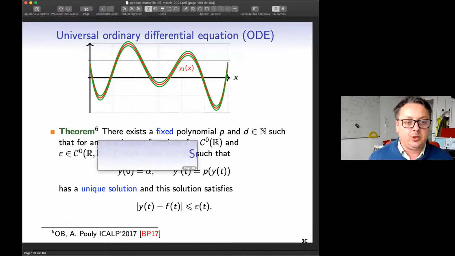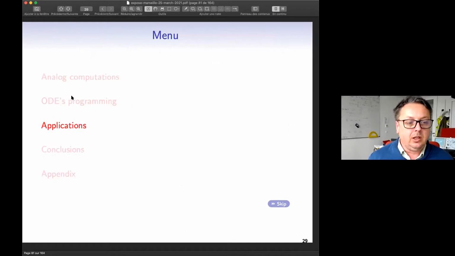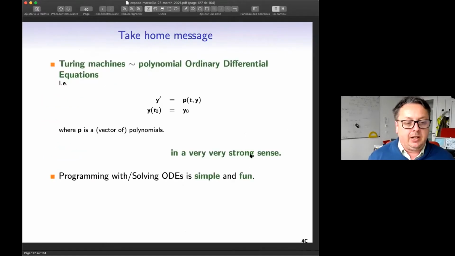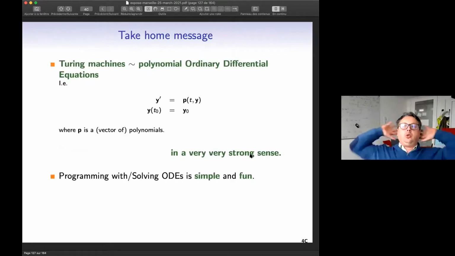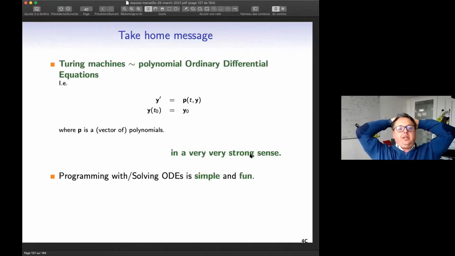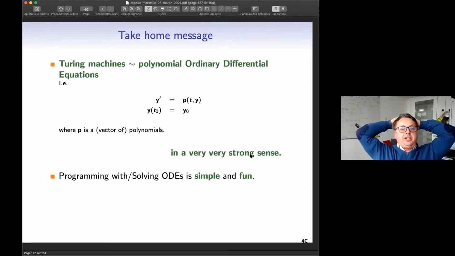Anyway, I do not want to say more about the various applications and just mention this existence of universal ordinary differential equation that solve a problem from Rubel. So still using this idea of programming with ordinary differential equation. And I want to conclude by stating that my take-home message of many of my talks, including this one, is that there is a strong relation between Turing machines and polynomial ordinary differential equation.